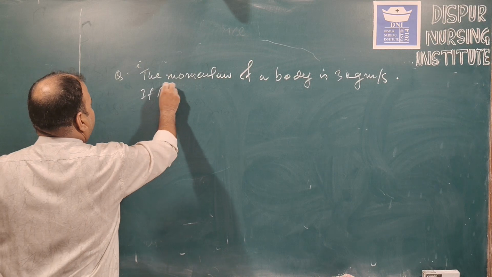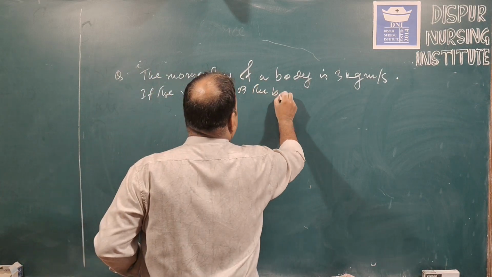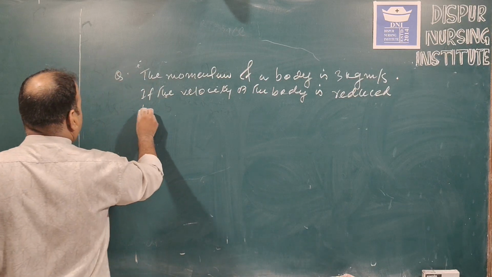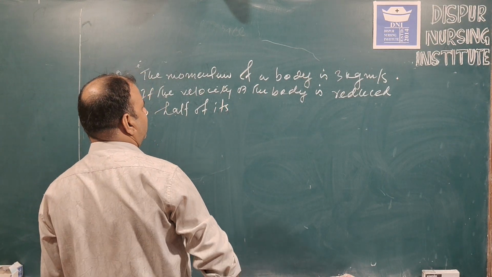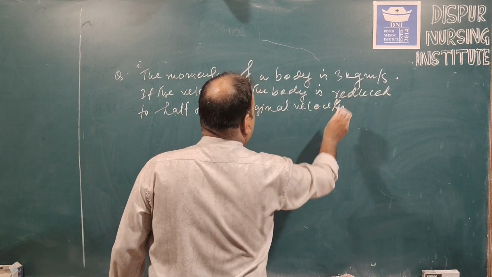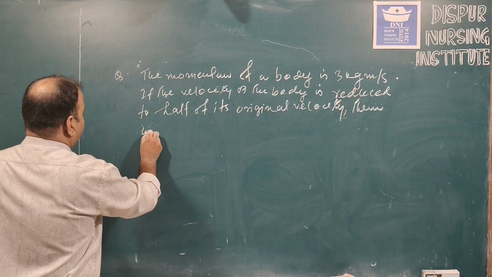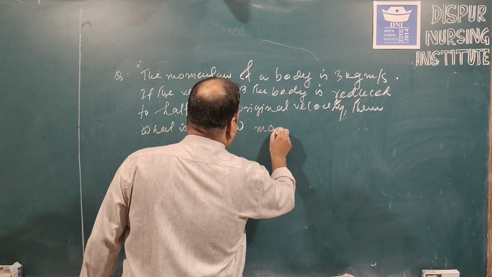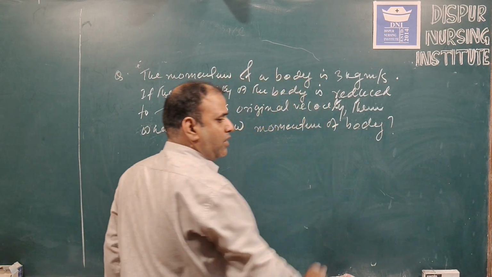If the velocity of the body is reduced to half of its original velocity, then what is the new momentum of the body?